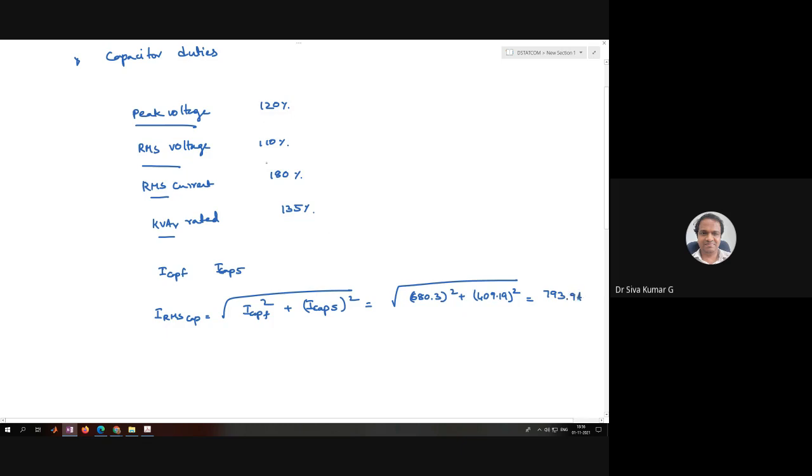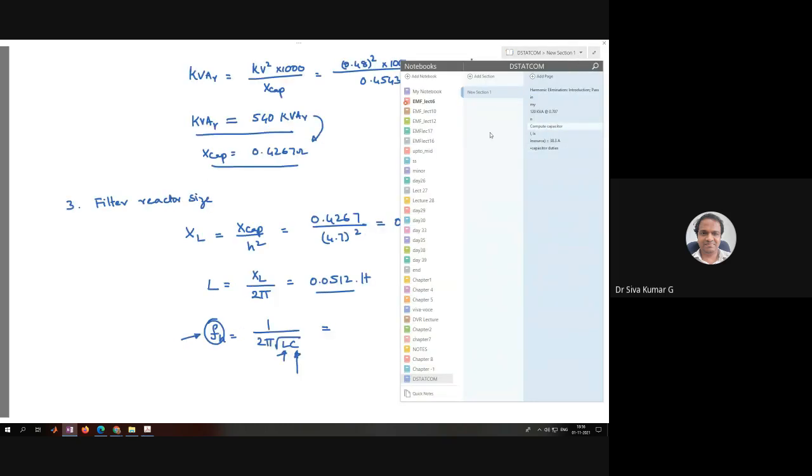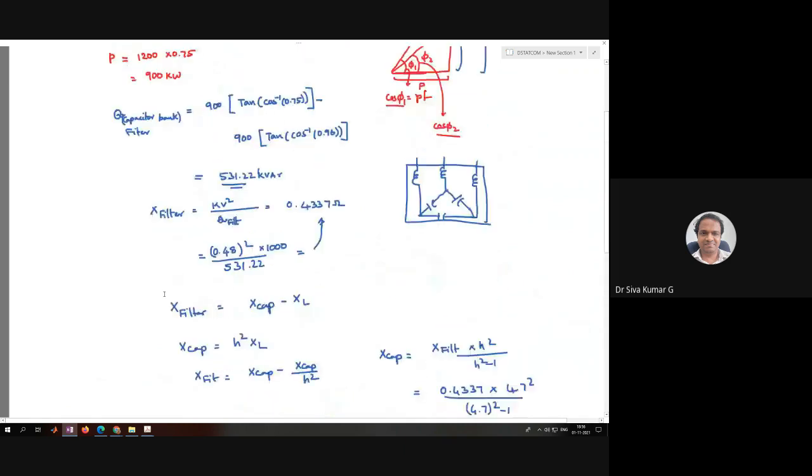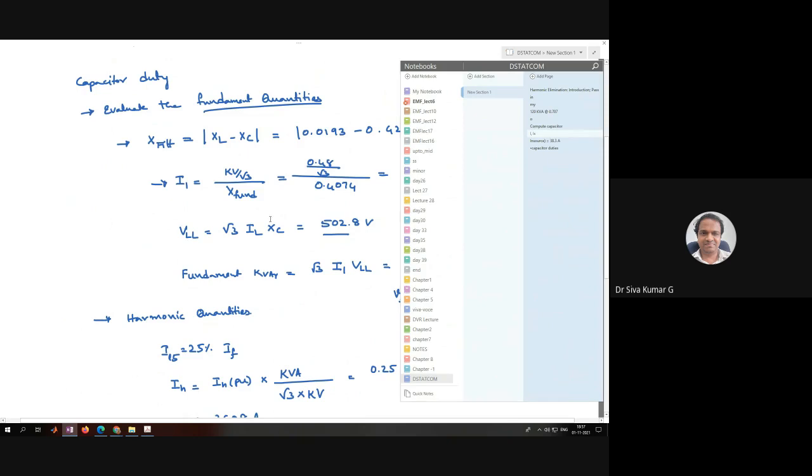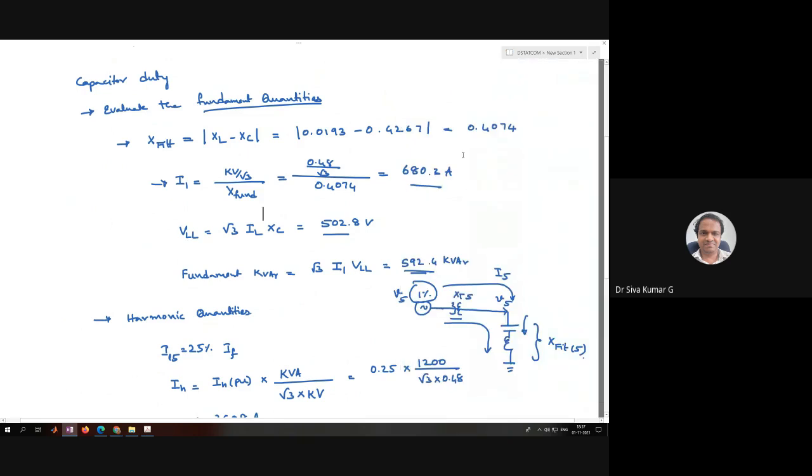Now we can evaluate the RMS current, 793, by the rated current. How much is the rated current which is allowed across the capacitor? Yeah, that is 680.3. Just a minute.